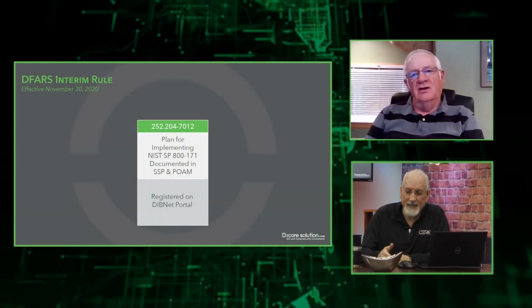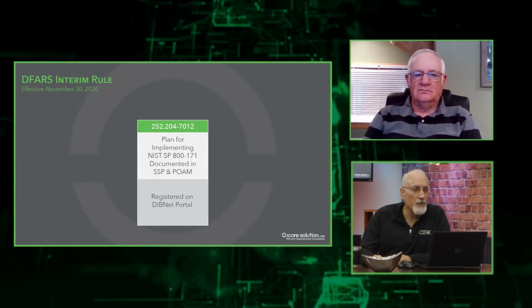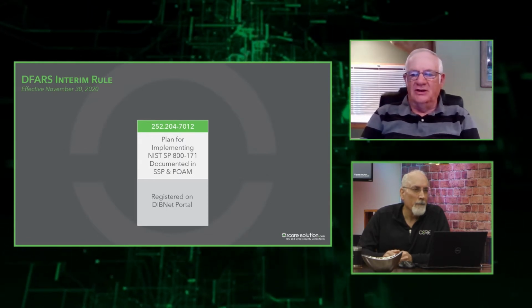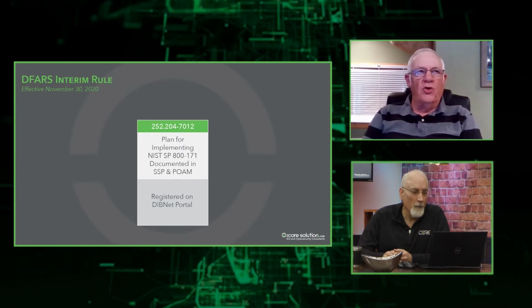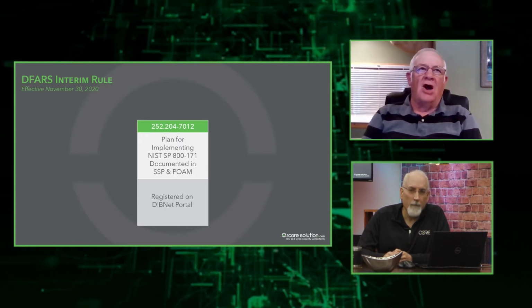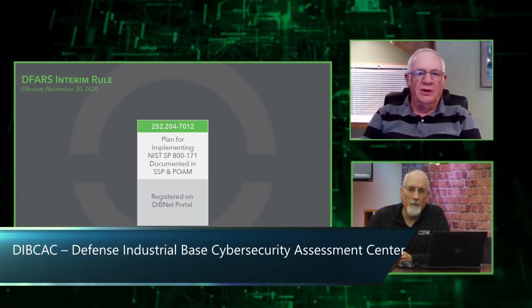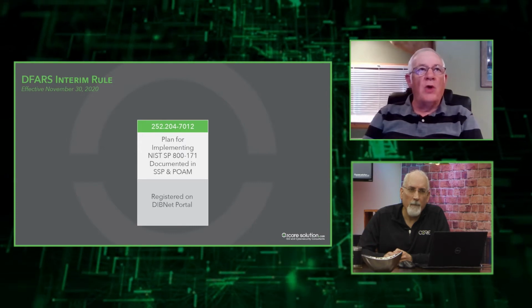Okay, so there's self-assessment, generate the POAM and SSP, and then you talked about registration. What is that? Yeah, there is a registration that is required through the DIBnet portal, and it is getting an ID number so that if you have a security issue, you can report it to the DoD. It's proactive.